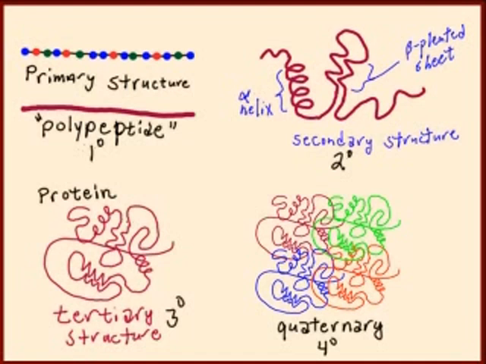On the next slide, we can see here the protein has to fold completely, or the polypeptide has to fold completely to become a protein. And so what goes on here is a folding.